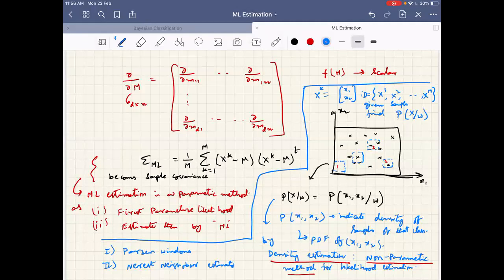In the first, the window size is fixed. In the second, the window size is modified or extended based on the number of samples it captures, so the number of samples it captures is fixed.